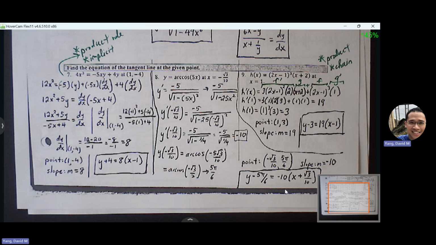But if you don't print out your own packet, you can still have a class copy, but just don't write in it. So not unit 4, but unit 5, we're going to start that. Oh, I still will print out your test reviews and your quiz reviews, but I'll just do class copies for those packets.